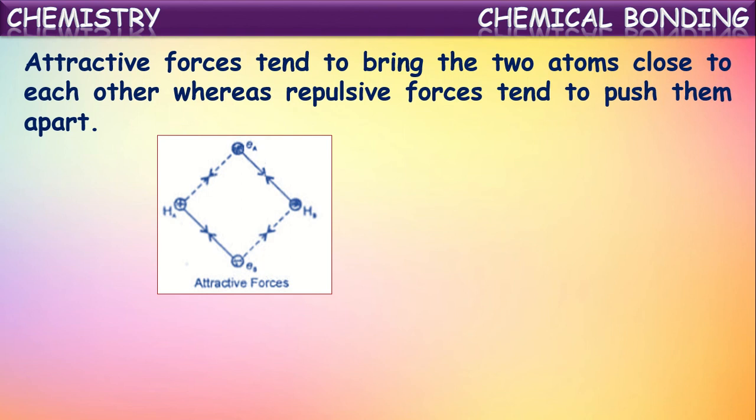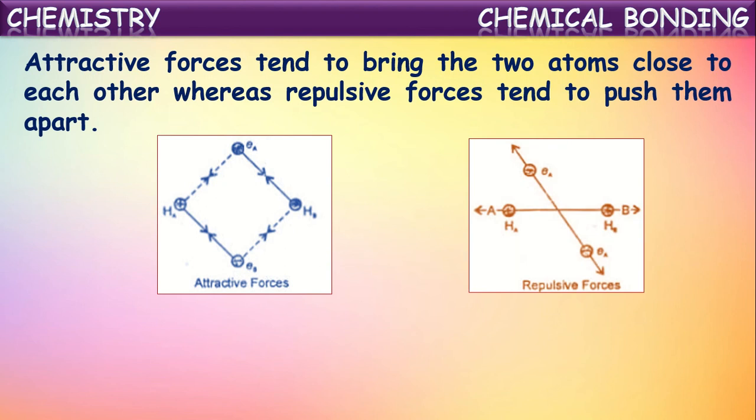Attraction between the nuclei and electrons of both the atoms. These will try to bring the two atoms close to each other. Whereas the repulsive forces between the same kind of particles, nuclei of both the atoms and electrons of both the atoms, will repel each other. These repulsive forces will try to keep the atoms away from each other.